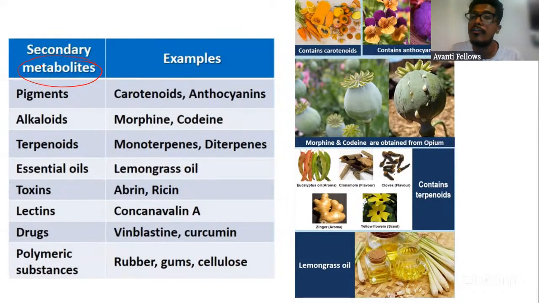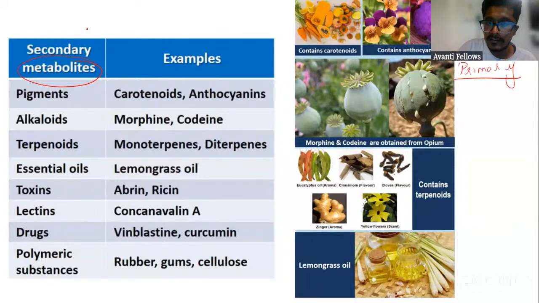So you can categorize on what type of metabolites are produced in our body. One category of metabolites is called primary metabolites. And a second category is called secondary metabolites. So what is the difference between these two? Hold on.